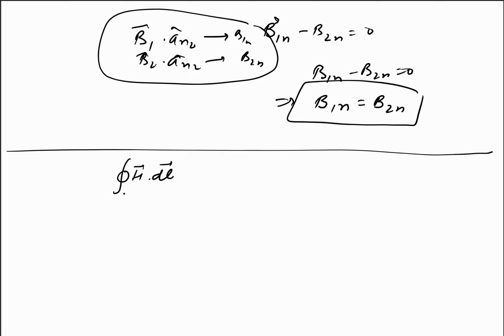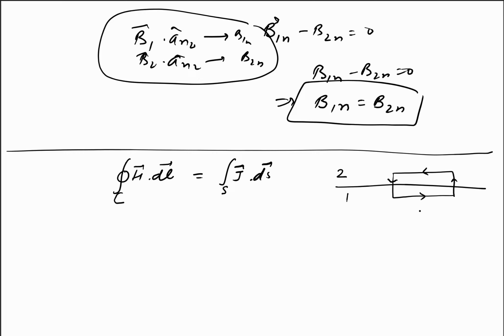over a curve which is enclosing a surface is given by J dot dS over that surface. So let us say this is medium 1, this is medium 2, and I am taking a curve in this direction like this.